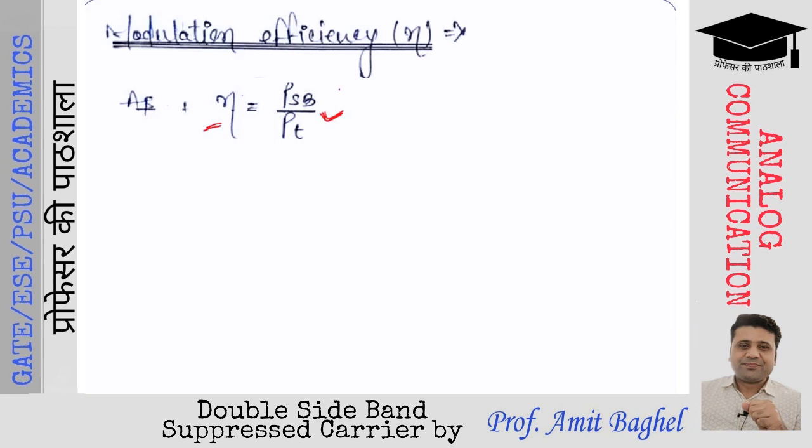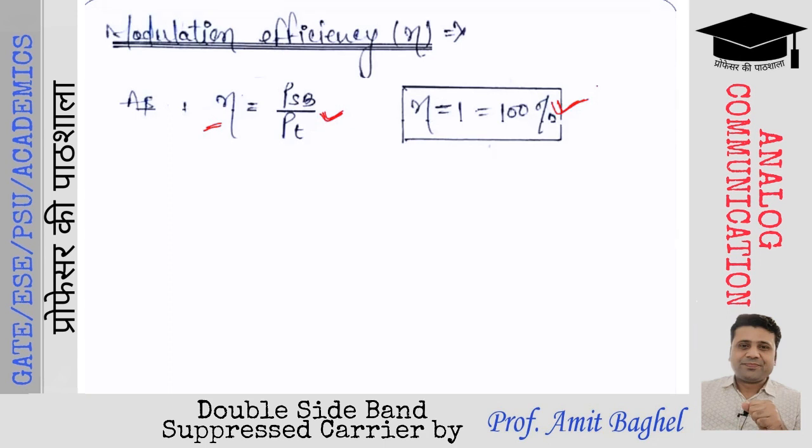Hence, this expression is always equal to 1. Therefore, the modulation efficiency is always equal to 100% in the case of DSBSC signal. Because DSBSC signal के अंदर जो टोटल पावर होता है that is the sideband power only. So we have the 100% efficiency in case of the DSBSC signal. Correct?